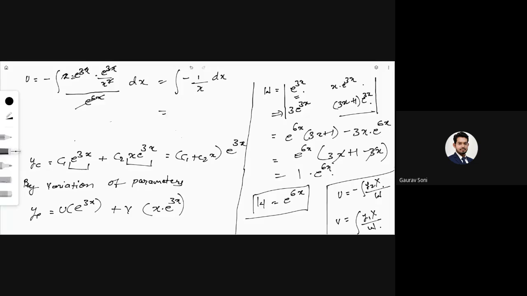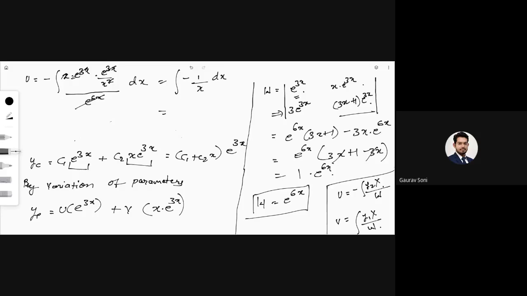Can someone tell me what is integration 1 by x? Log x. Who said it?